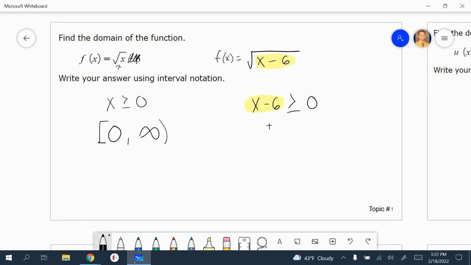So then I can add 6 to both sides, and I get x is greater than or equal to positive 6. If I write that in interval notation, 6 would be the small end, and then it would go to infinity. So basically anything greater than or equal to 6 would make this equation work.